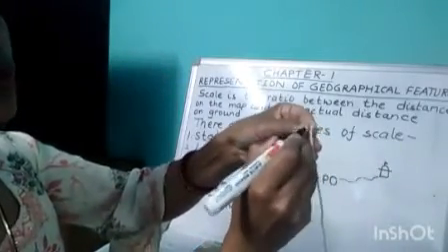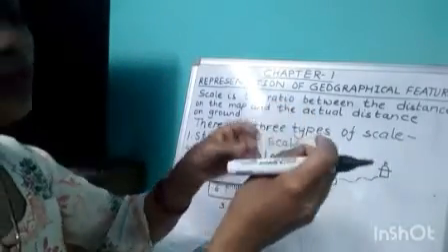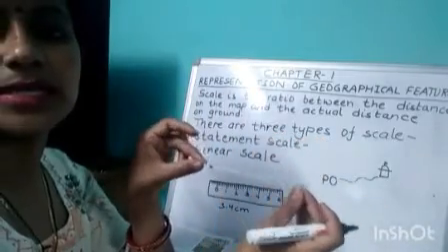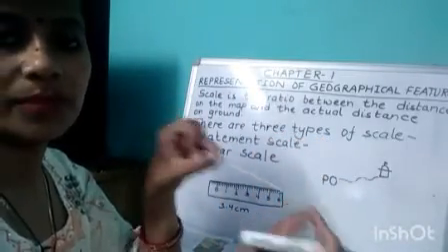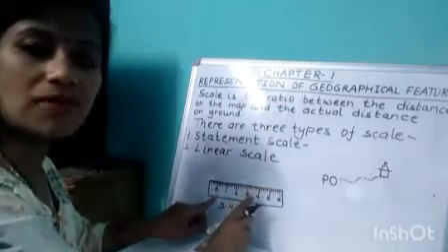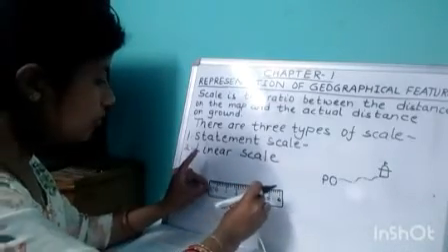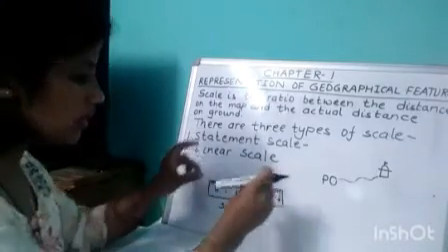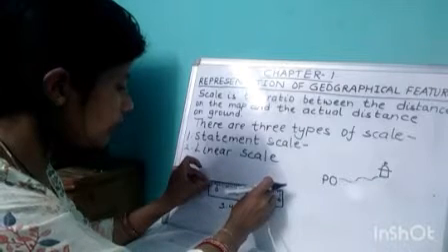Now mark over here, it was the ending point. This is the distance you measured, and here you have a scale. Same, this point you have to keep over here.